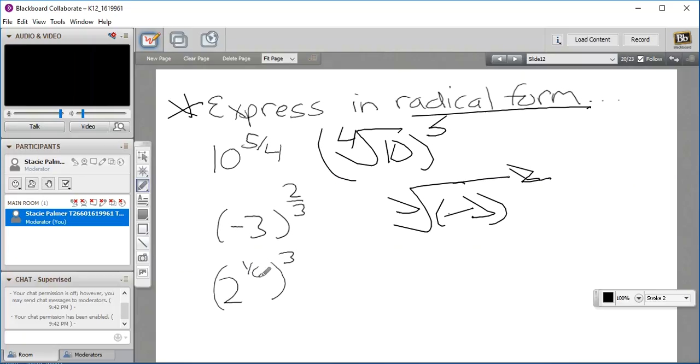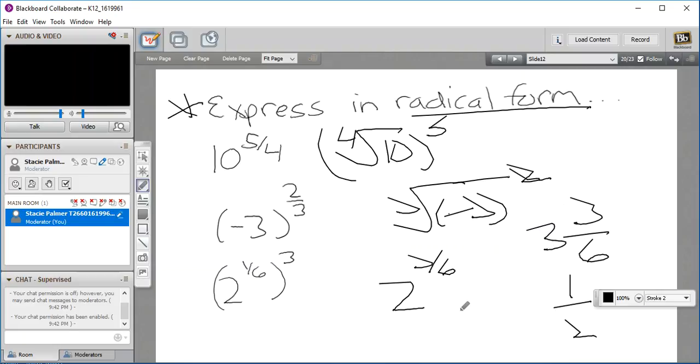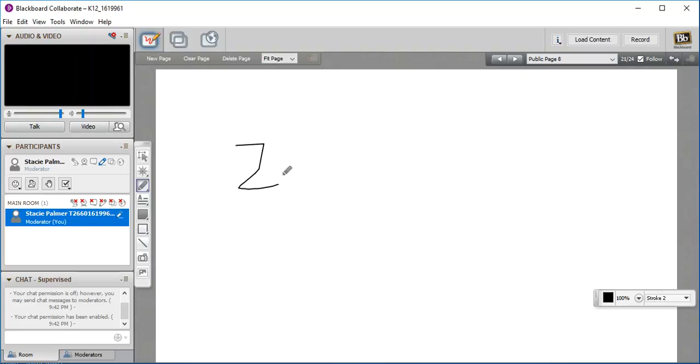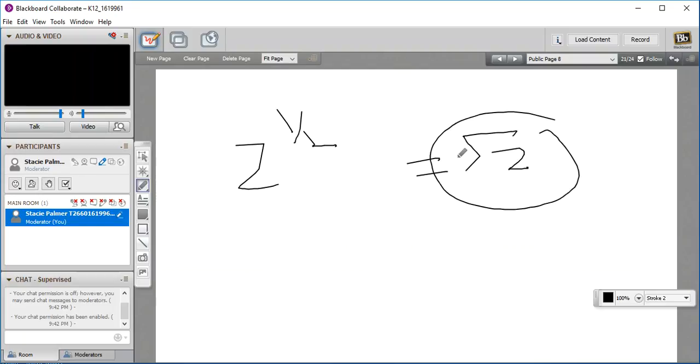So this would be 2 to the 3/6. And then 3/6, that's a fraction that actually simplifies. 3 goes into 3 once, 3 goes into 6 twice. So this actually becomes 2 to the 1/2 power, which we know is the same as the square root of 2.